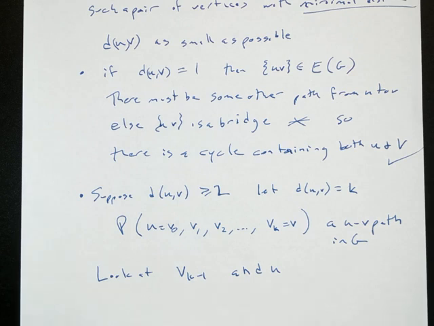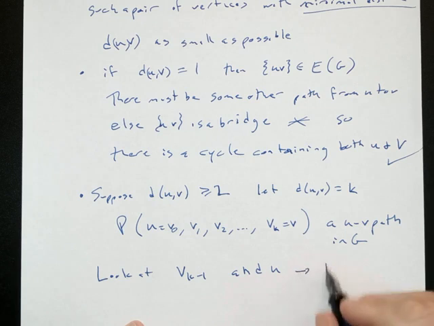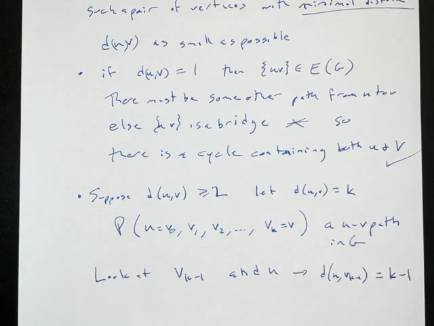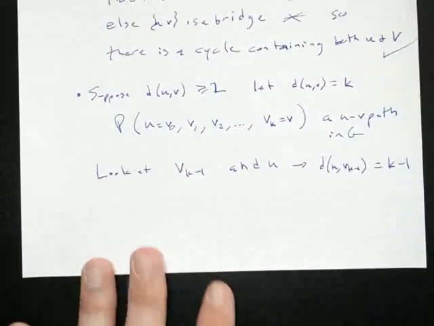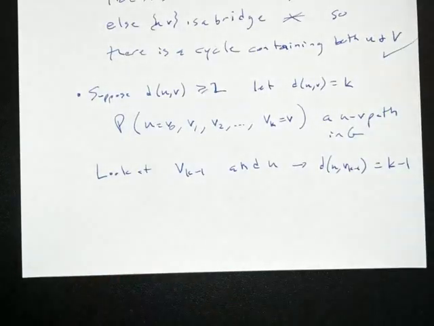Yes. The distance from U to Vk minus 1 is K minus 1. Took me a minute to parse that, Jonas. Sorry. Good. So what? Now that I know that, what does that help me with?